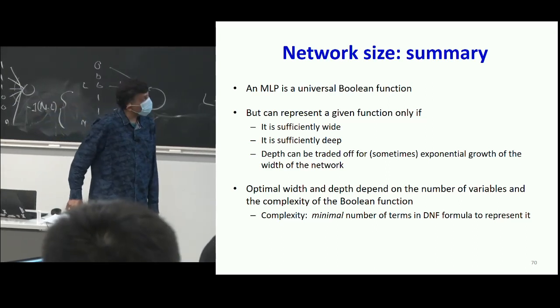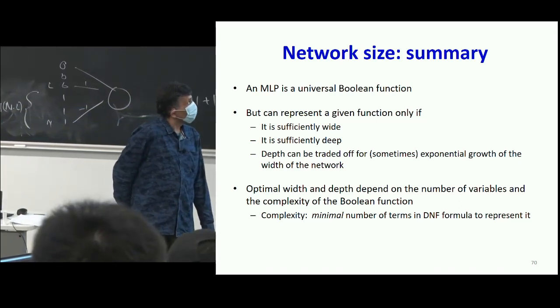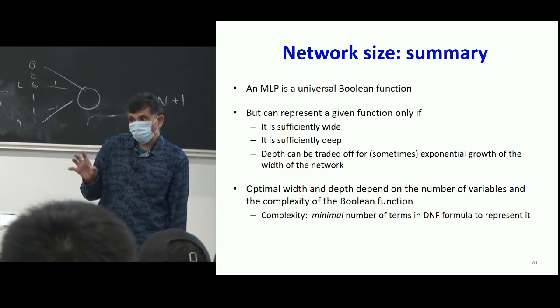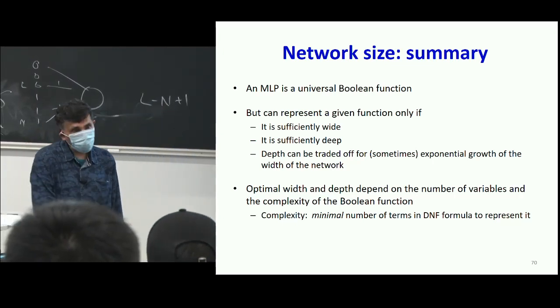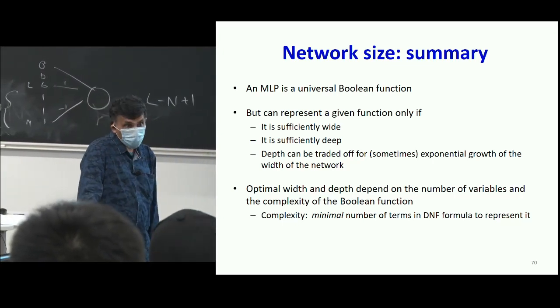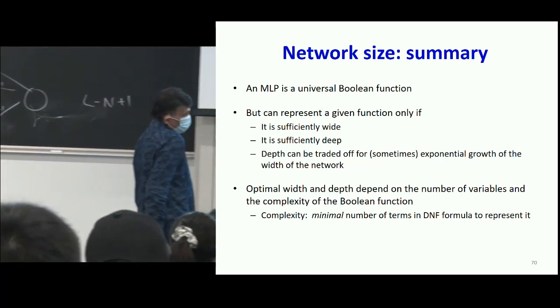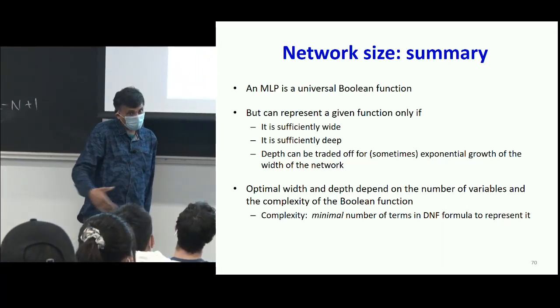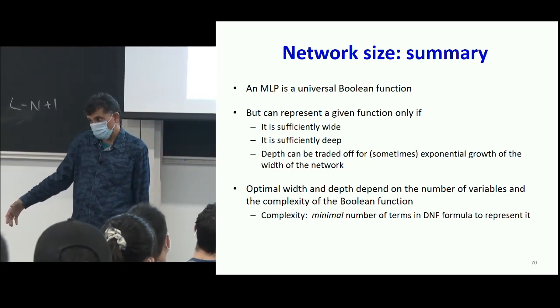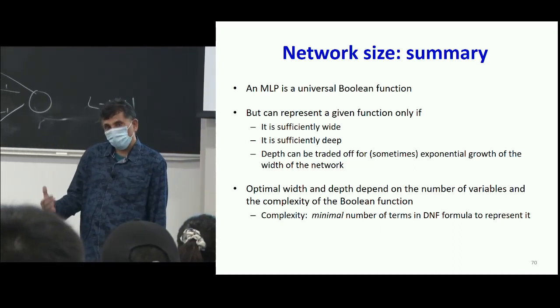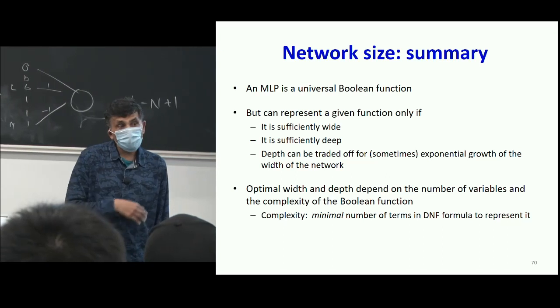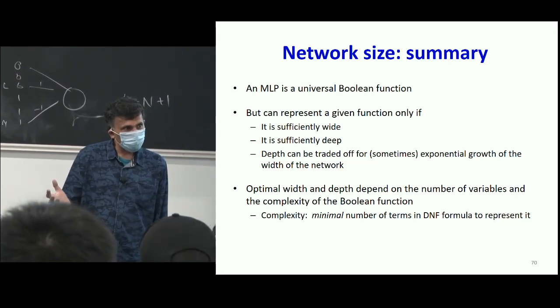An MLP is a universal Boolean function. It can represent any given Boolean function, but only if it is sufficiently wide and sufficiently deep. You can trade off depth for exponential growth of the width. But if you restrict both width and depth, you may not be able to model your function at all.